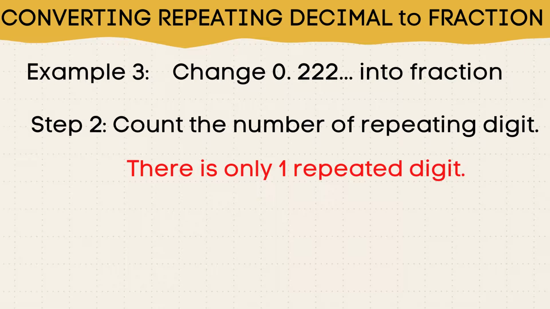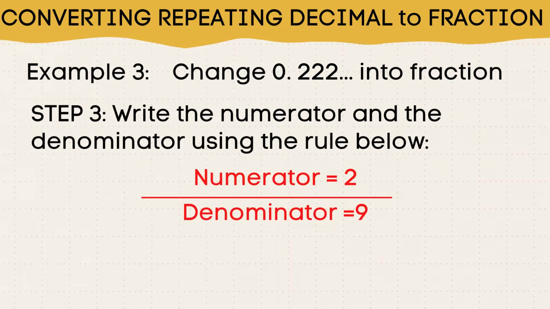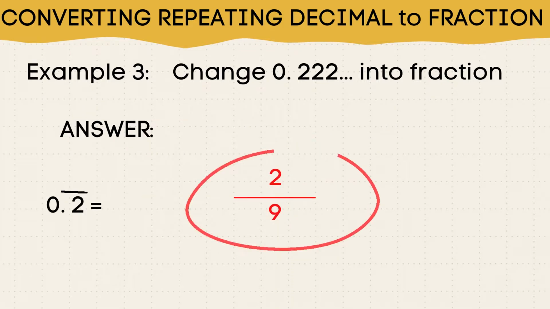Since we only have one repeated digit, we will just write one 9 in the denominator. So, the answer is 2 over 9.